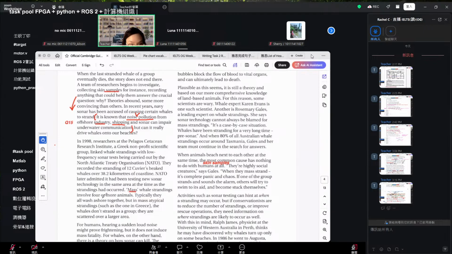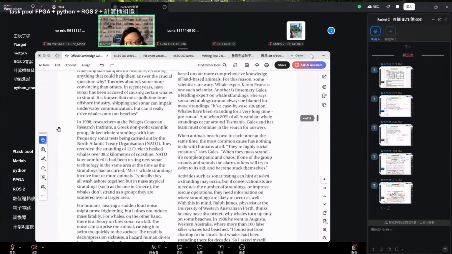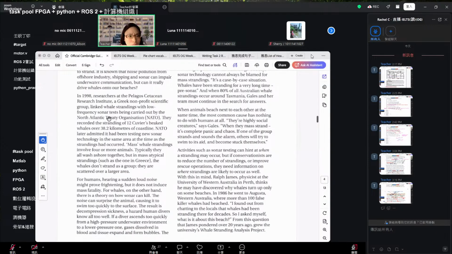Mass whale stranding, 4 or more animals, typical stranding, and the whales don't start as a group. They are scattered over a large area. So we need to know about the location for question 16, Australia. This is Atlantic, nothing to do with this. They were trying to explain the reasons. Now we're moving down here.